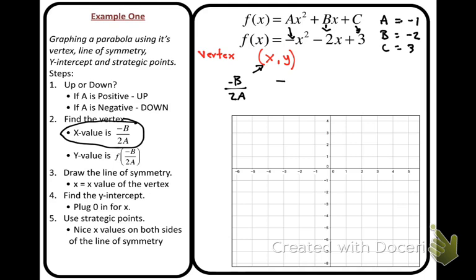We're going to have the negative from the formula, and we're going to plug in B, and B happens to be -2. We're going to divide it by 2 times A, and A is -1. Simplifying this out, negative times a negative is a positive. That's 2 divided by -2, which is -1. So now the x value of our vertex here is -1.